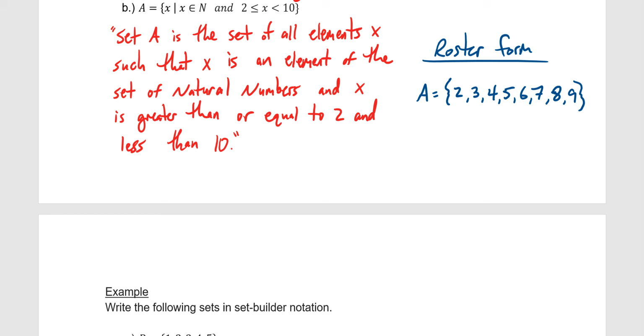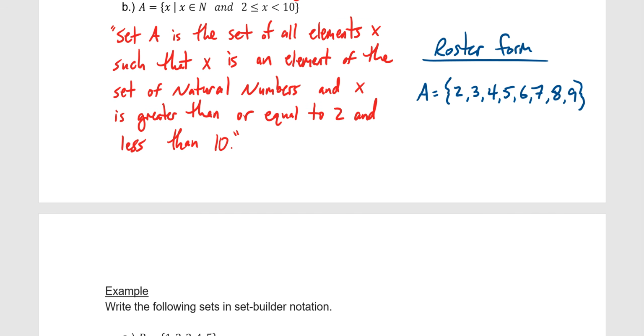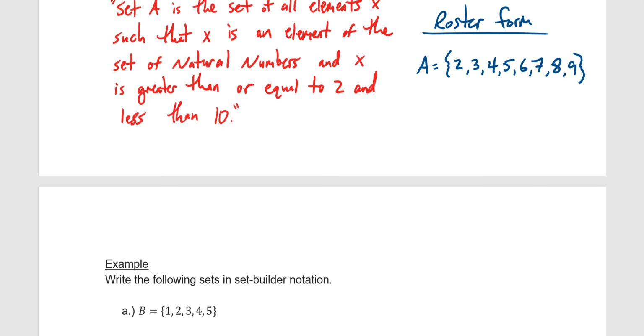And we're going to stop there because we're not including 10, because there's no "or equal to" sign on the inequality by 10. Okay, so that's going from set builder notation to roster form.